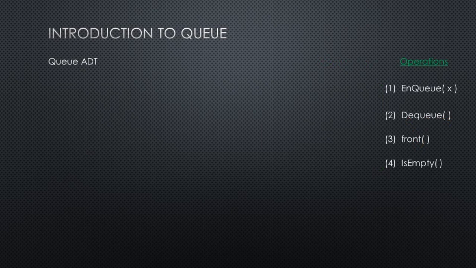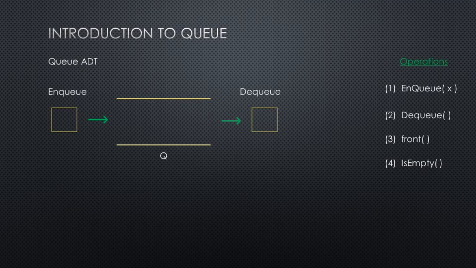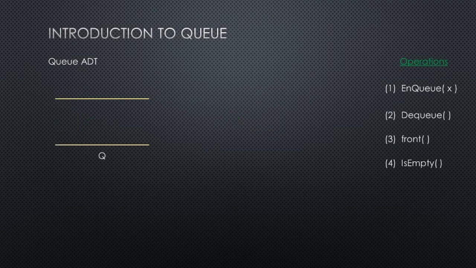Logically, a queue is shown as a container, open on two sides. So an element can be inserted or enqueued from one side, and an element can be removed or dequeued from the other side. Let's say initially we have an empty queue. I'll first write down the operation and then show you in logical view. Let's say I want to enqueue number 2.